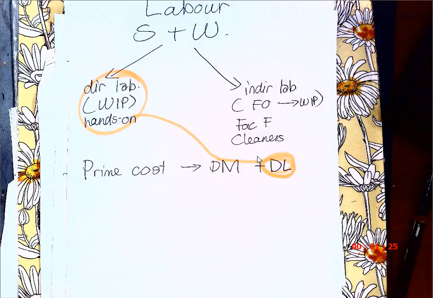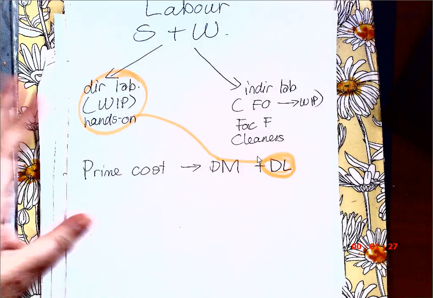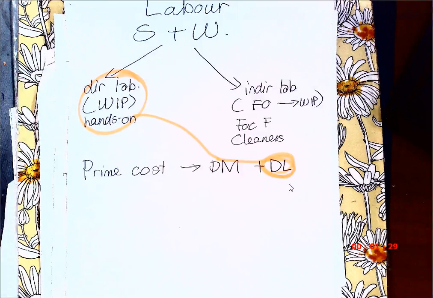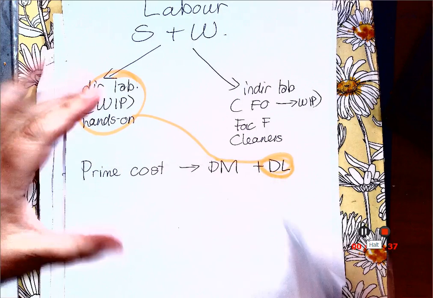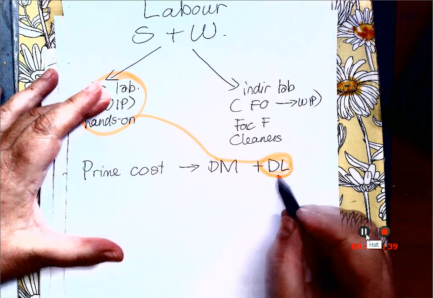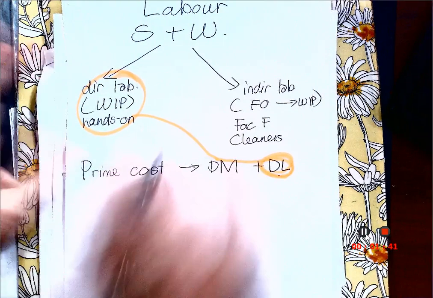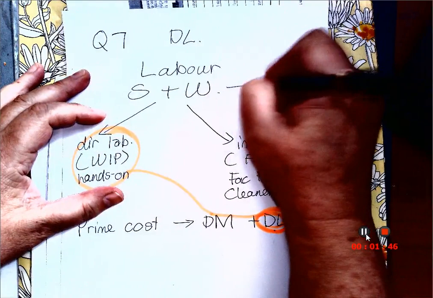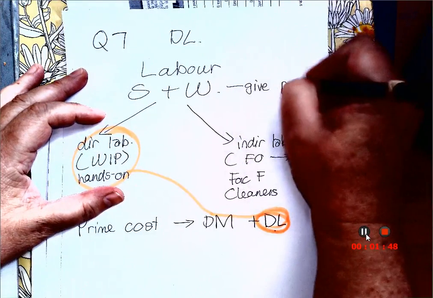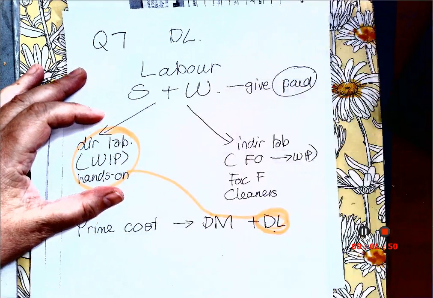Okay. Now, in this question, what do they give me? Okay. So now if I look at this direct labor, they didn't give that to me, but I want this. Okay, so now what do I need to remember in my head? In my head, this is what they give me. They give me what was actually paid.